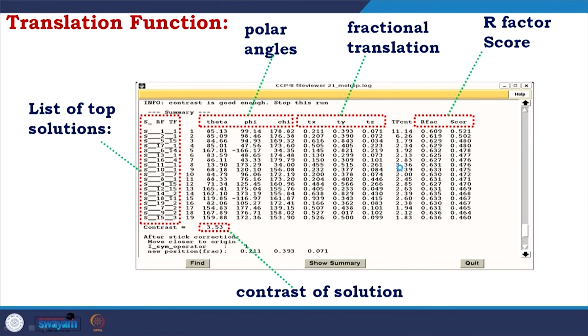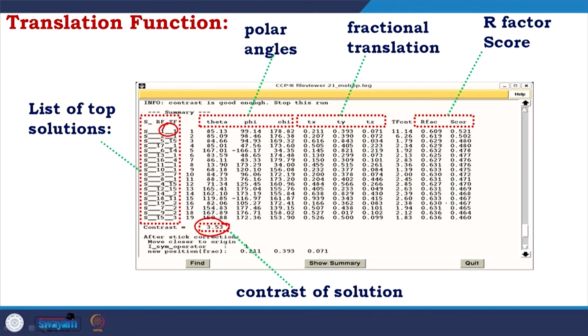In the translational function, you see the top solution. As I told you, here you get 1 1, which is again a good thing. The contrast, you see, is 3.53, along with polar angles and fractional translations, the translational solution in each of the x, y and z directions, and you get the R factor, also the score.